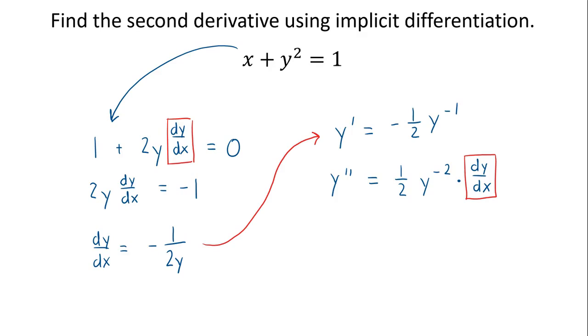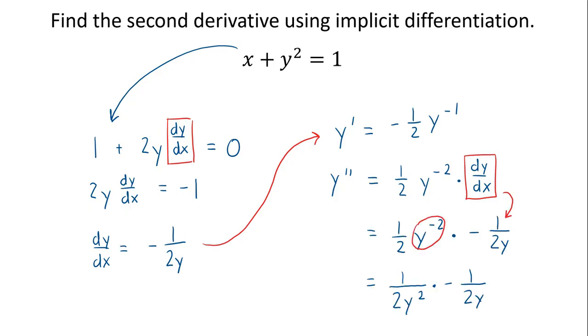So wherever we see dy over dx in the description of our second derivative, we're going to back substitute in the value of the first derivative, negative 1 over 2y. Now, to make simplifying this expression a little bit easier, let's take the y to the negative 2 and make that exponent positive. And multiplying the two fractions gives us negative 1 over 4y to the third. And that's our second derivative.